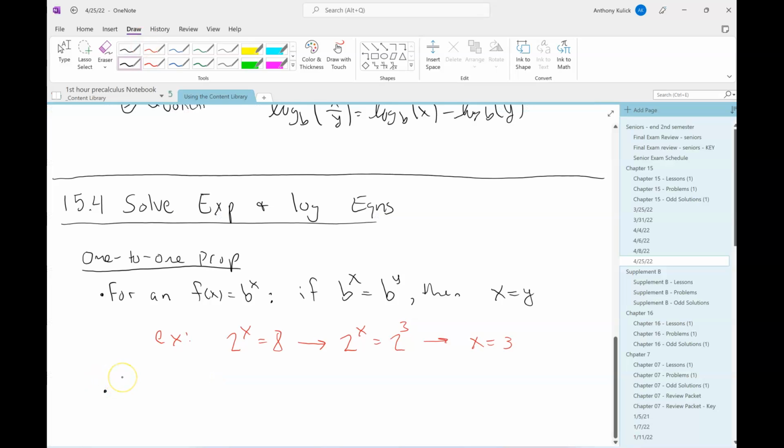We can say the same thing for logarithmic properties. If I have log base b of x equals log base b of y, then x has to equal y.